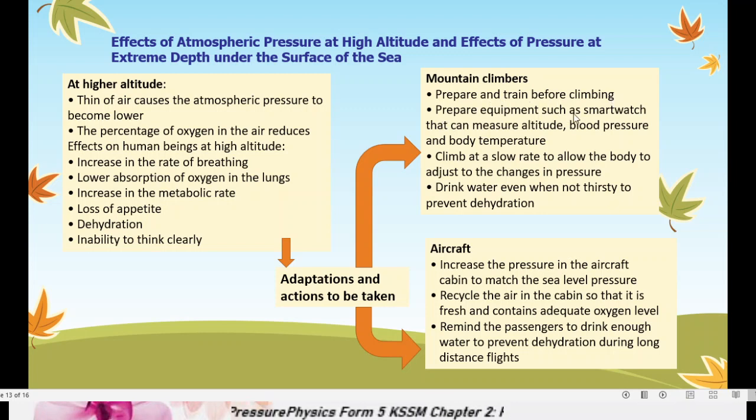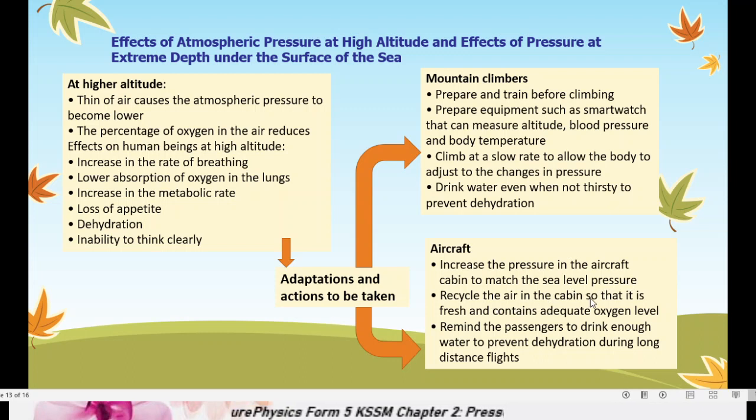Prepare equipment such as a smartwatch that can measure altitude, blood pressure and body temperature. Climb at a slow rate to allow the body to adjust to the changes in pressure. Drink water even when not thirsty to prevent dehydration. For the aircraft, meaning higher altitude also, increase the pressure in the aircraft cabin to match the sea level pressure.